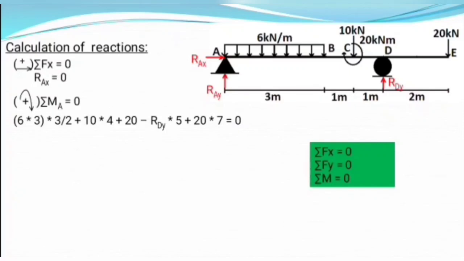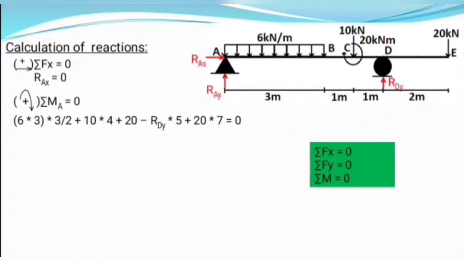And the fourth term in this equation is RDY times 5. This is the moment due to this reaction force RDY about point A. Since point D is at 5 meter distance from point A, we multiplied this force RDY and distance 5 meter to obtain moment due to RDY.